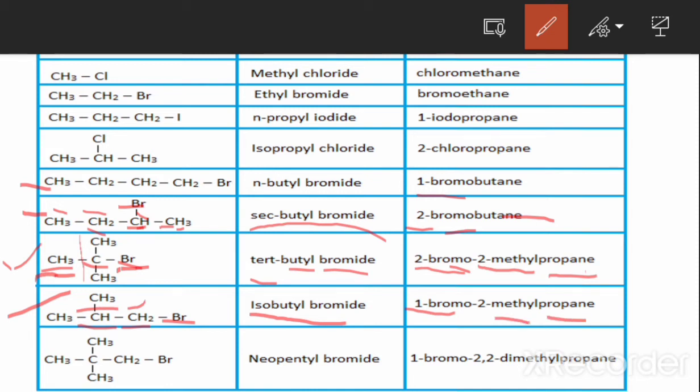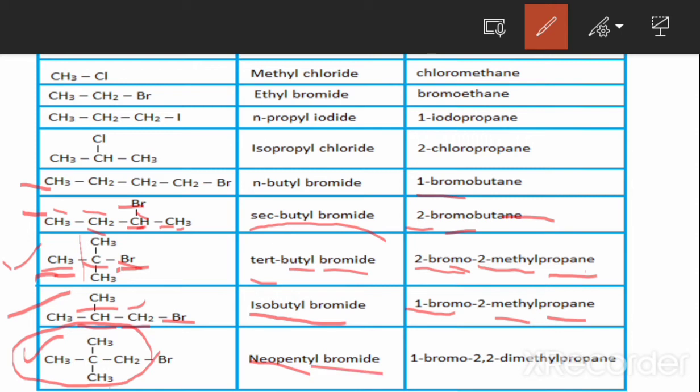The other example contains a 5 carbon compound, and its common name is neopentyl because this whole structure is named neopentane, and when the halogen is attached to the terminal carbon, it will be named neopentyl bromide.